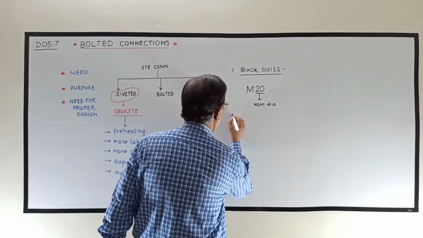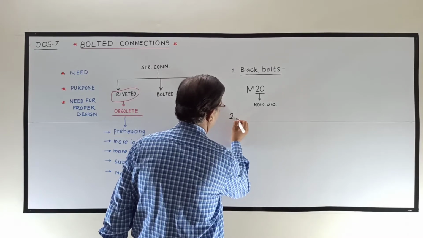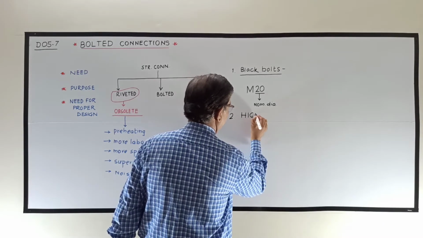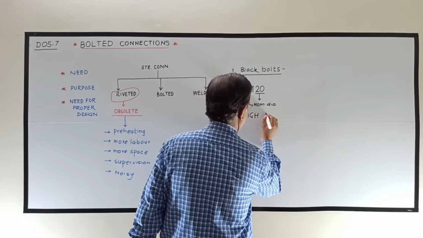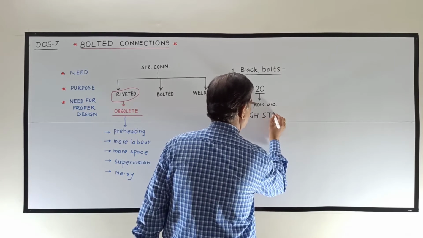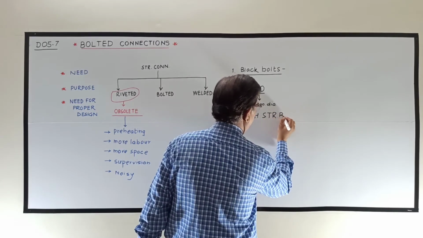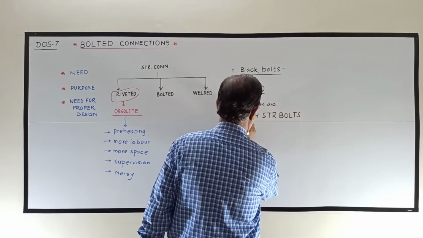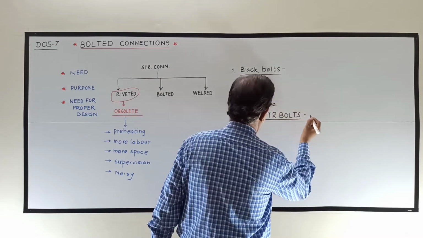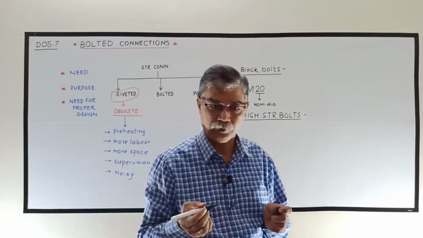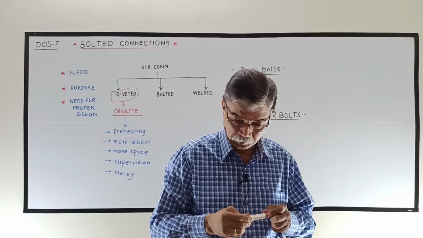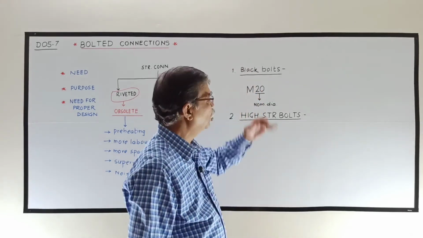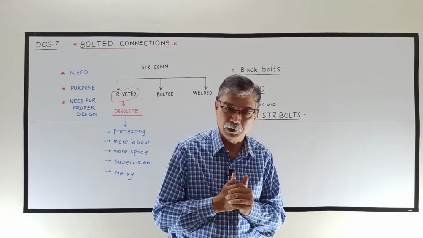Now the second type of bolts which are commonly used are high strength bolts. Now we saw mild steel, and the black bolts are made up of mild steel because it is a mild steel pin.